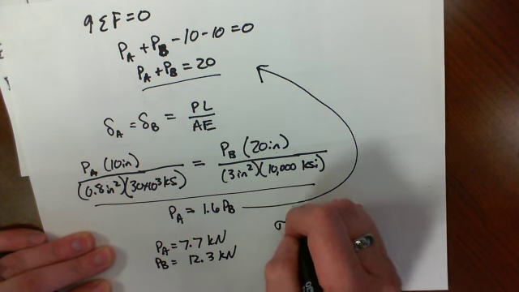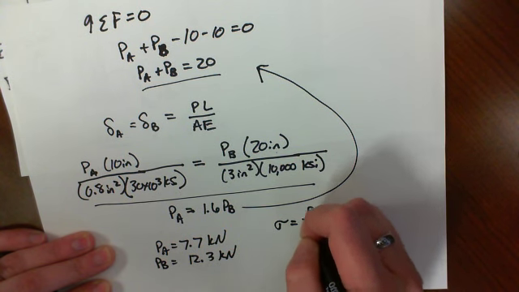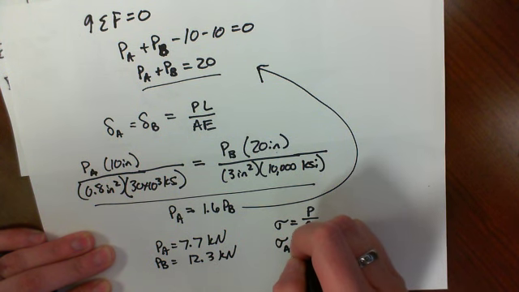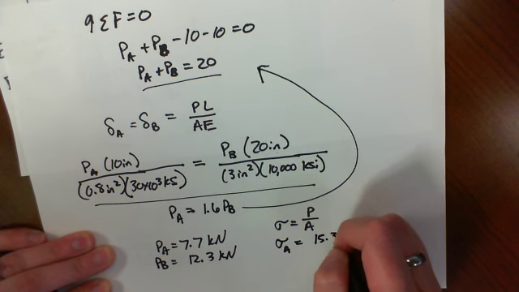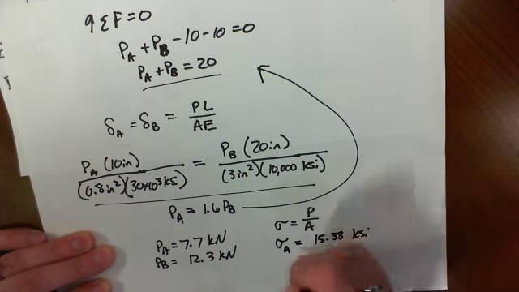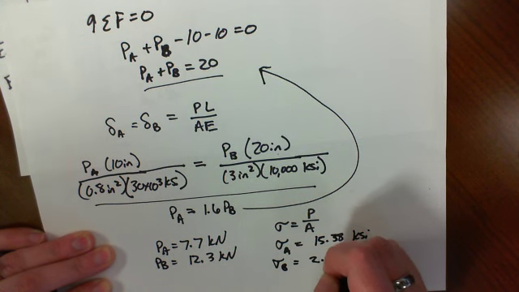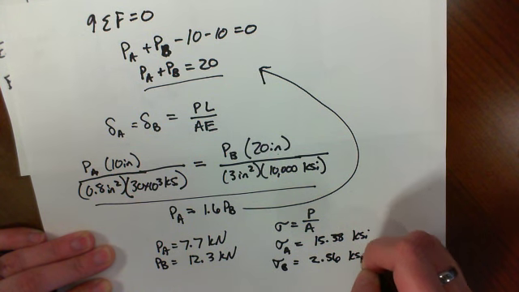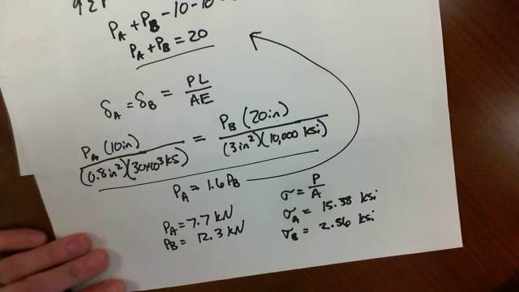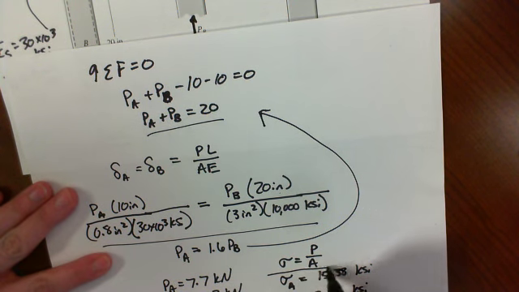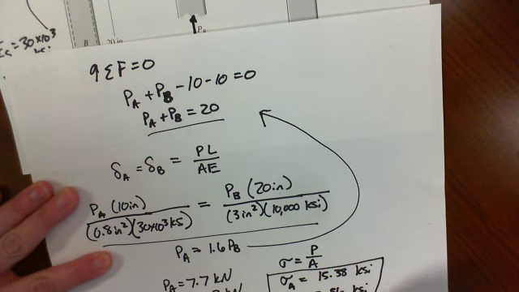Then using that stress is equal to force over area, I get that the stress in A is 15.38 KSI, and the stress in B is equal to 2.56 KSI.